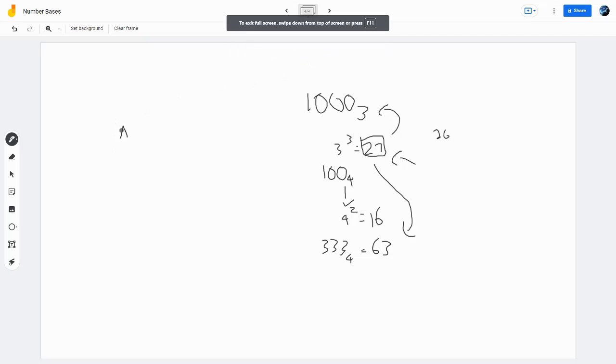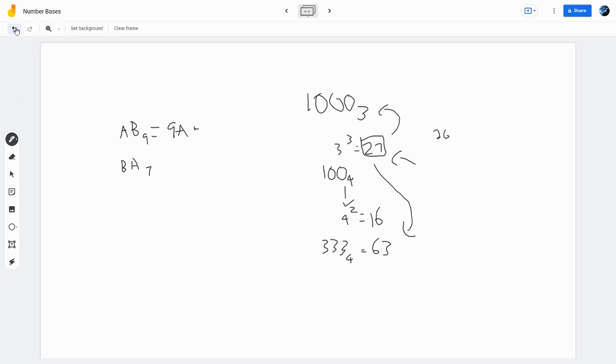So we have AB in base 9. Oh yes, and also these are not the hexadecimal digits we saw before. These are just variables. We're trying to find what A and B equal, just to clear up any confusion there. So this is equal to 9A plus B. I don't know why I wrote an equal sign there.